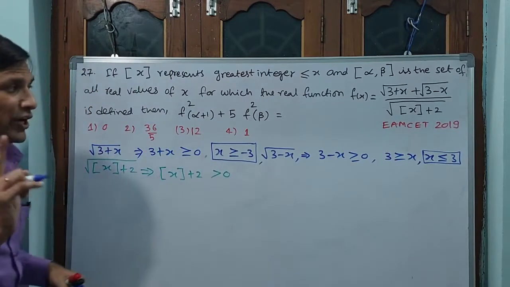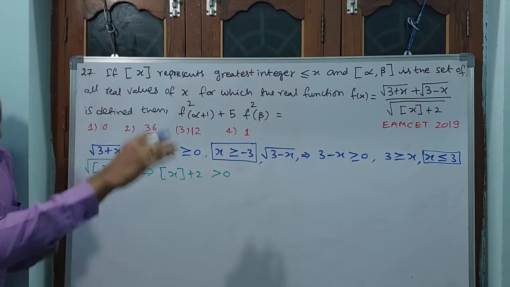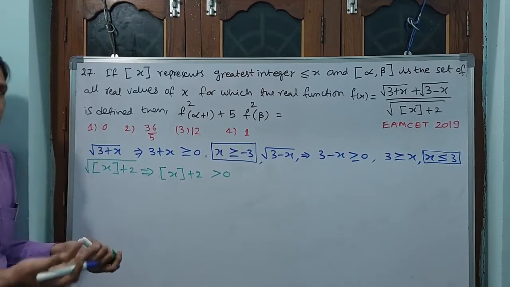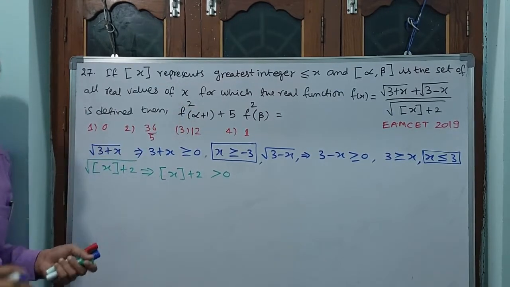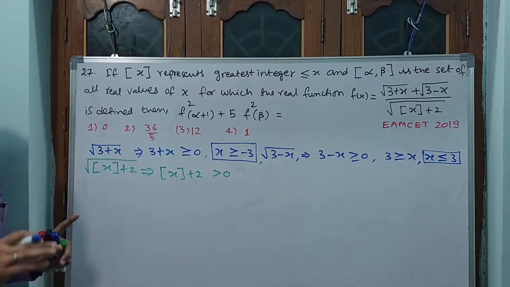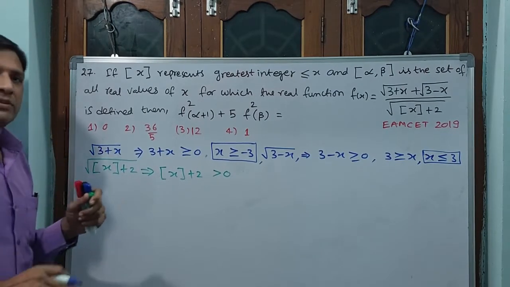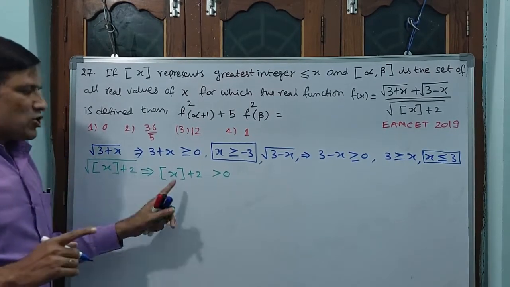That is why in the denominator it should not be equal to 0. If it is equal to 0, the square root of 0 is also 0, then the denominator is going to become 0. That is why it should be only greater than 0. Less than 0 means again it is not defined. The square root is not going to come. Greater than 0 only you have to write.